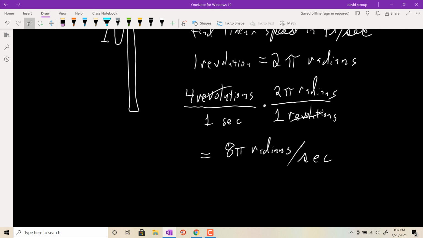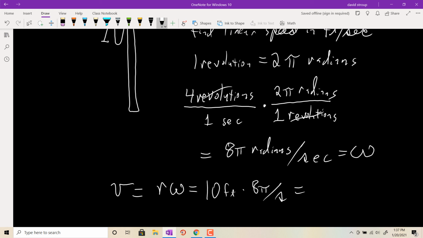So to get the linear speed v, all I have to do is multiply r times omega. r is 10 feet times the 8 pi radians per second, and we end up with 80 pi feet per second.